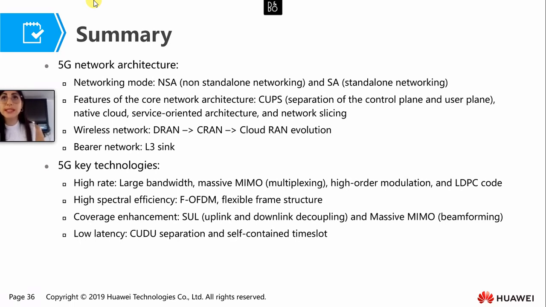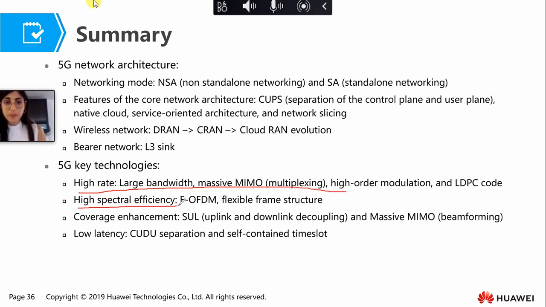So we use LDPC for enhanced mobile broadband services. So these are technologies that allow us to increase the rate. To increase the spectral efficiency, we have filtered OFDM, through which we can reduce the guard band, and we have the flexible frame structure.